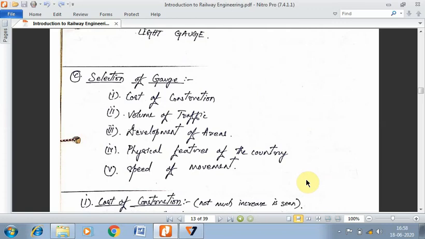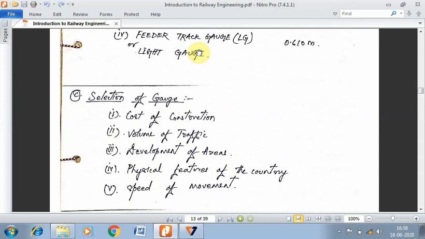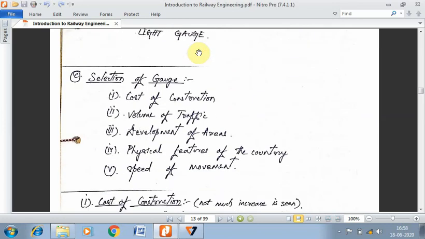Now, when you know what a gauge is, what the different types of gauges worldwide are, and what we have here in our own country, it would be time for you to understand how to select which gauge under what circumstances. Whether you want to adopt meter gauge, narrow gauge, feeder gauge or light gauge, or even standard gauge, that is broad gauge, on what basis will you be selecting this?